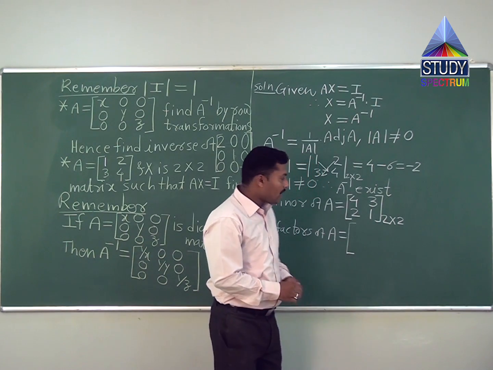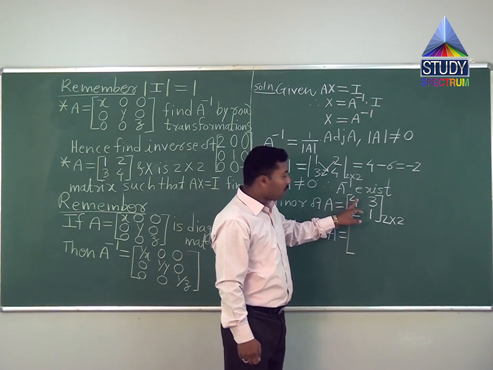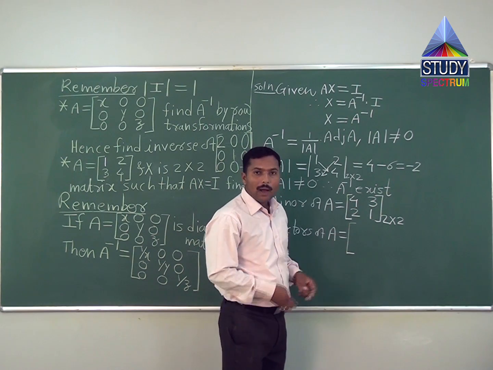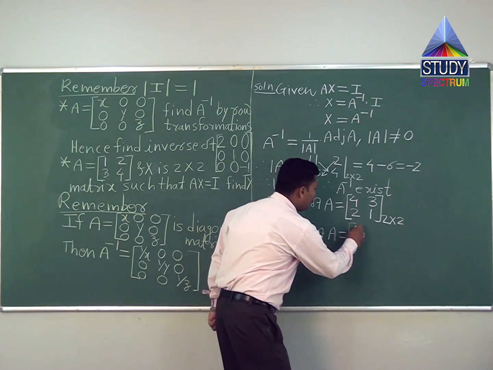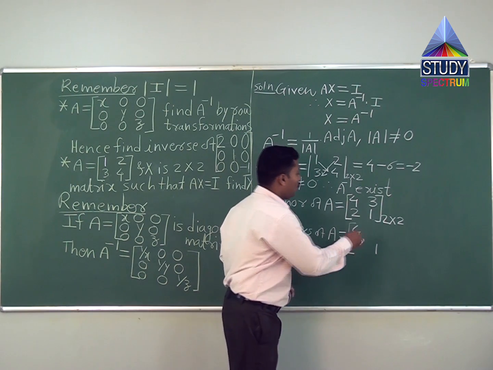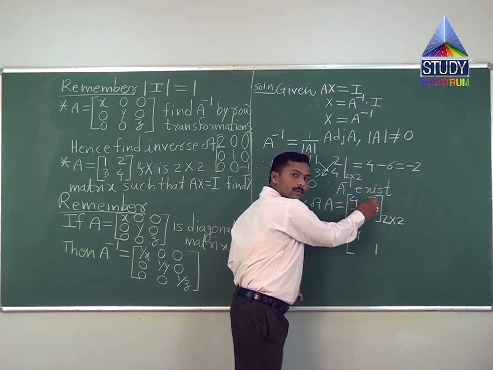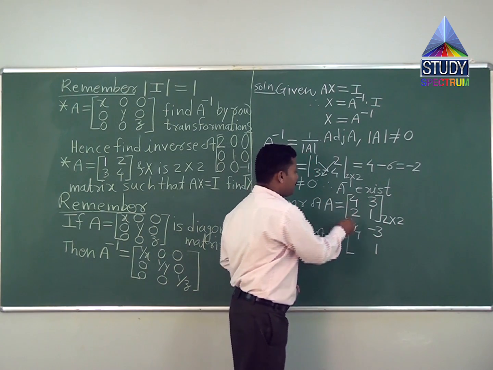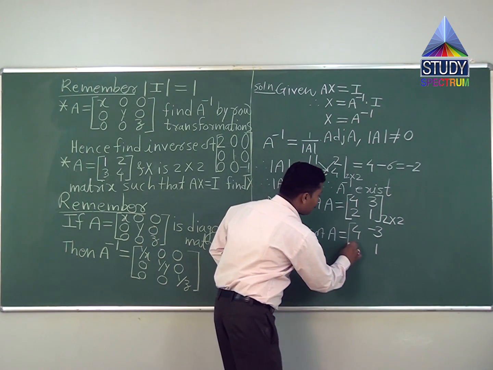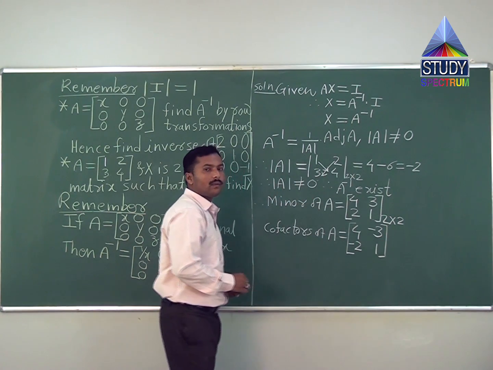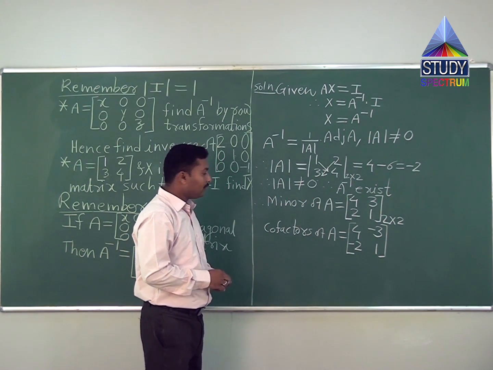The diagonal numbers have no change; only the sign changes for the others. 4 and 1 stay as they are. Here is a plus 3, so we make it minus 3. Here is a plus 2, so we take minus 2. So this is the cofactor matrix of the given matrix A.